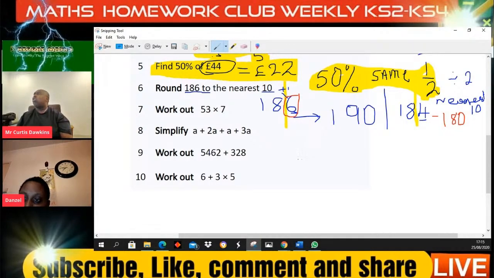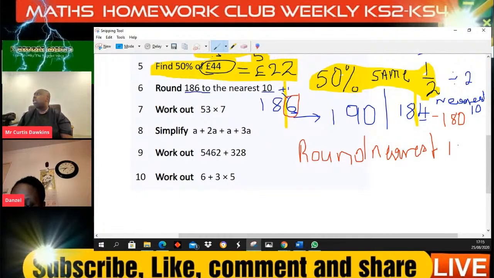Does it make sense to you though? So if I write it here so you can see it properly. Round 186 to the nearest 10.